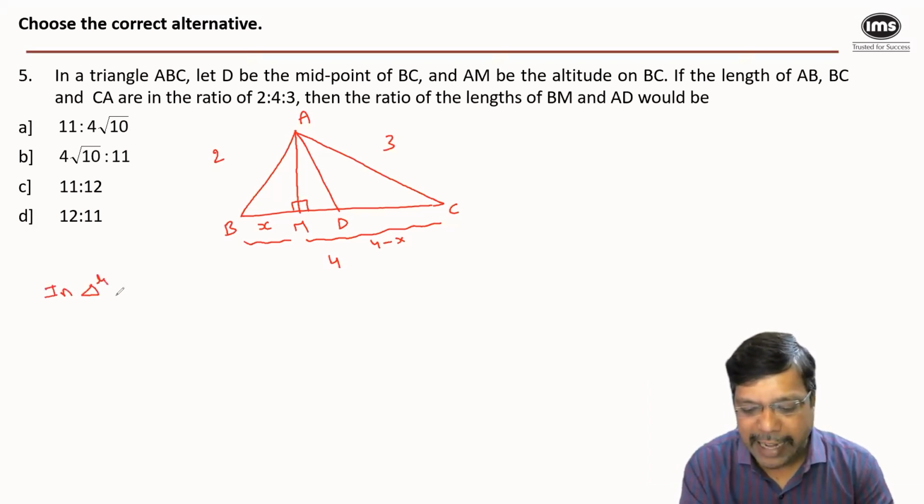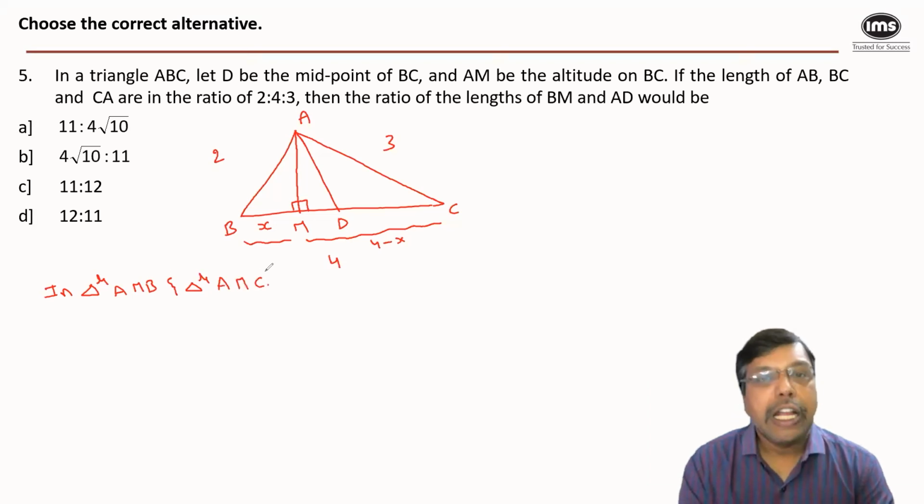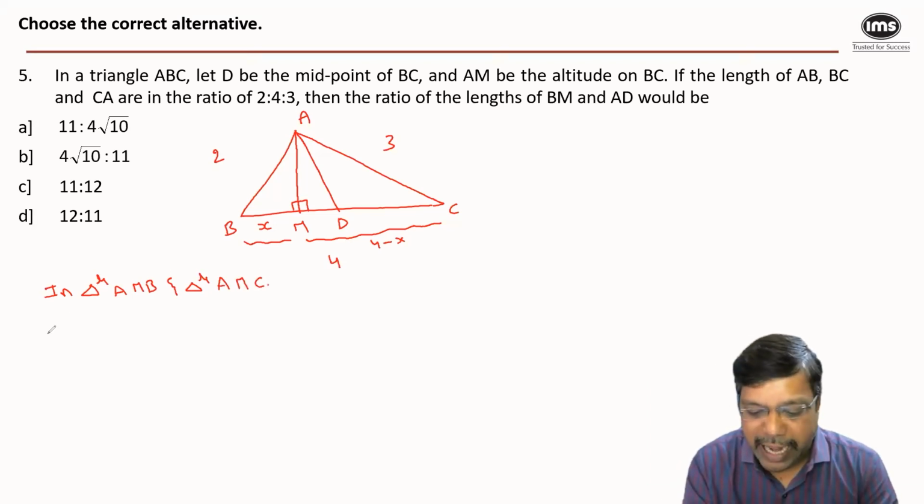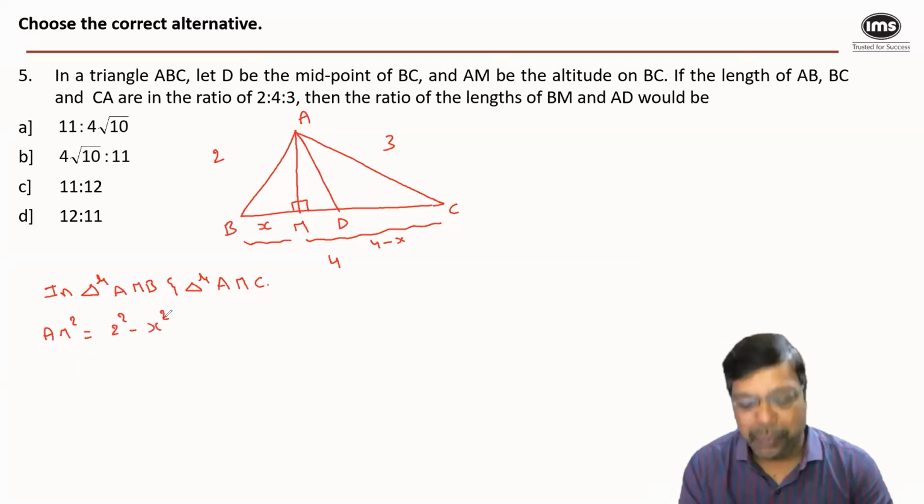So, in triangle AMB and triangle AMC, applying Pythagoras, I can say AM square is equal to AB square, that is 2 square, minus BM square, which is x square.